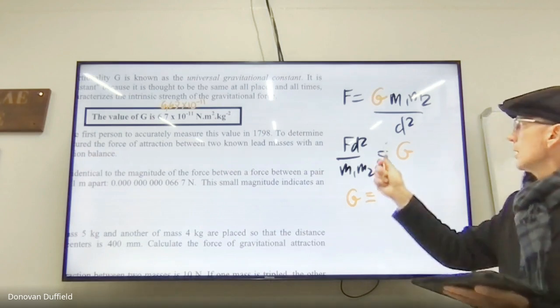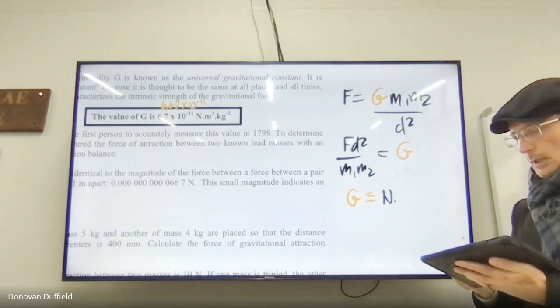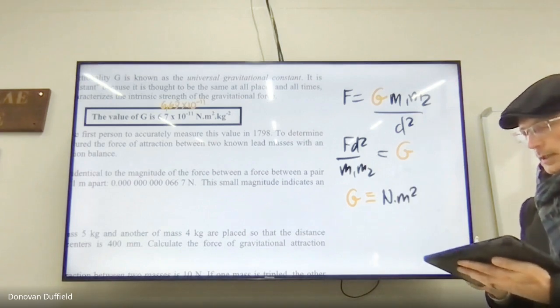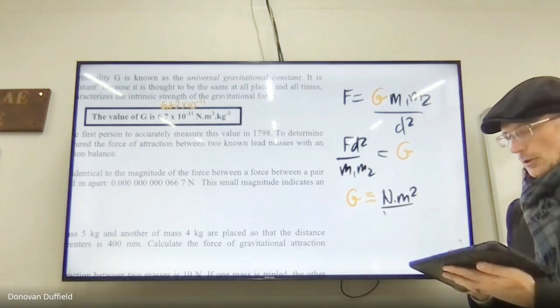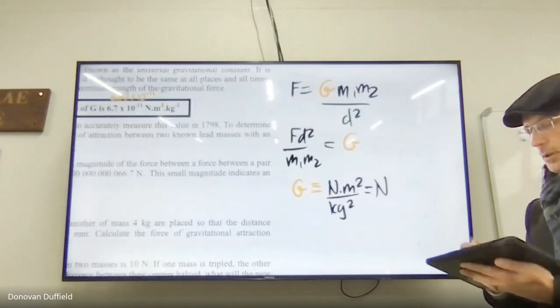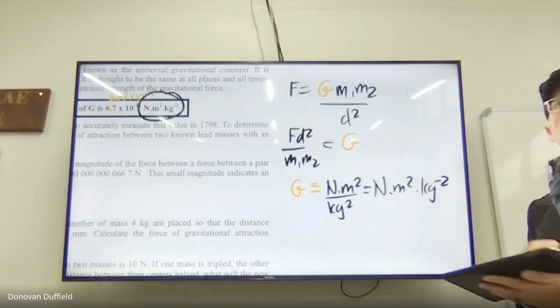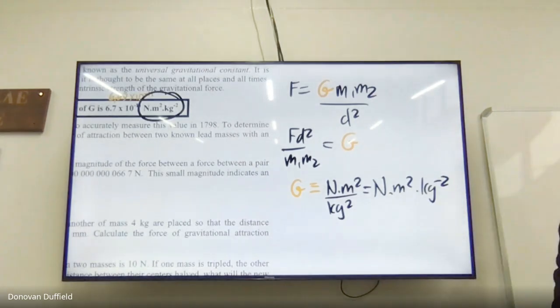Well, force is measured in newtons. Distance is meters, and we square it. And mass is kilograms, so kilogram times kilogram is kilogram squared. So this is newton meters squared, kilograms to the minus 2. That's where the unit comes from.